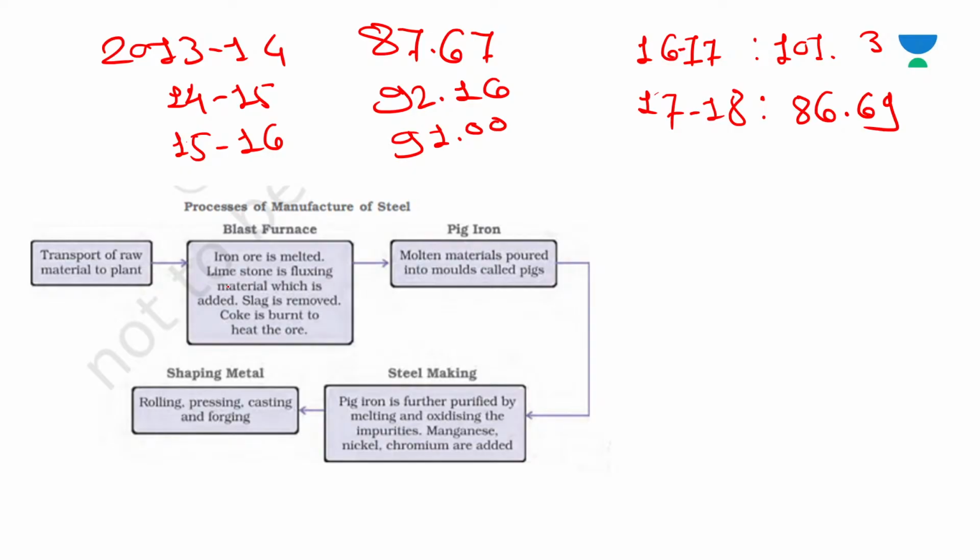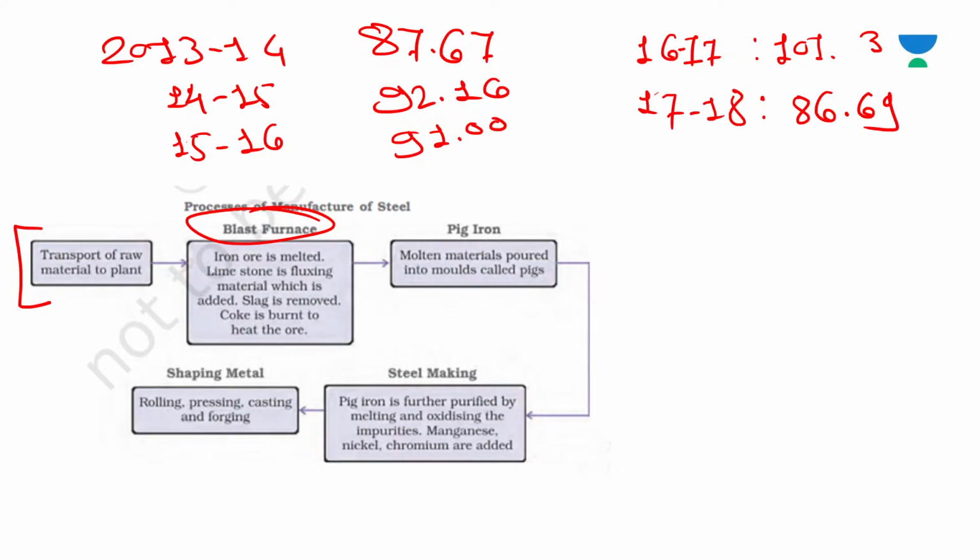Now, the process of manufacture of steel. That is transport of raw material to the plant, then the blast furnace where iron ore is melted, limestone is added as fluxing material, and slag is removed.